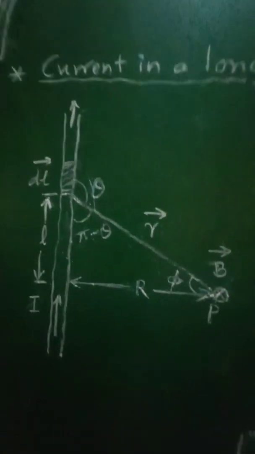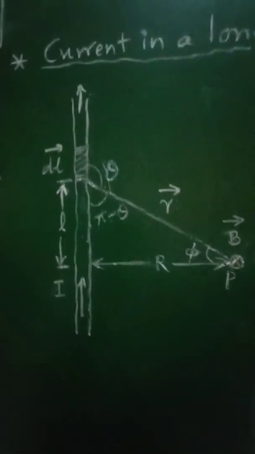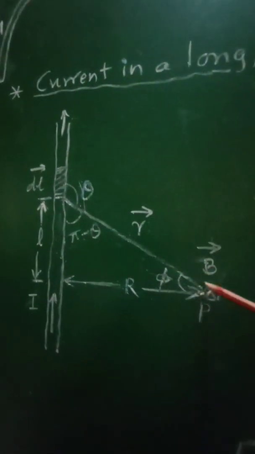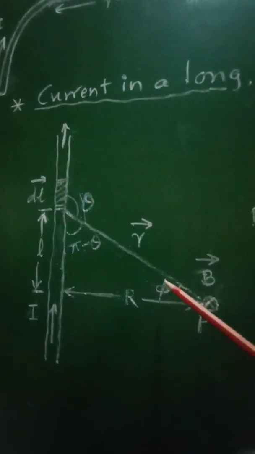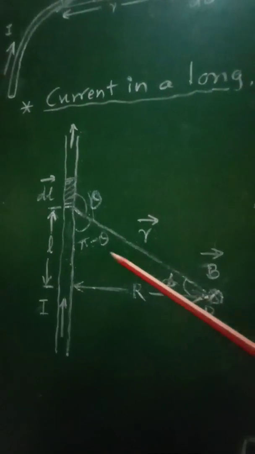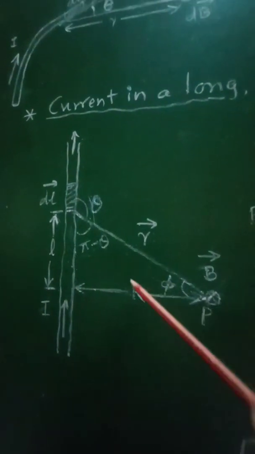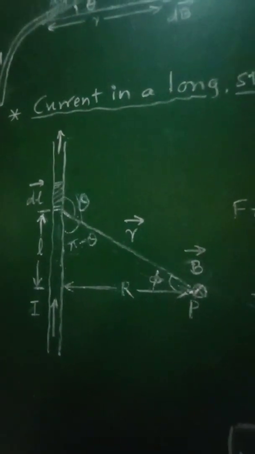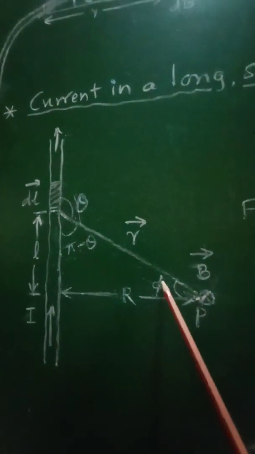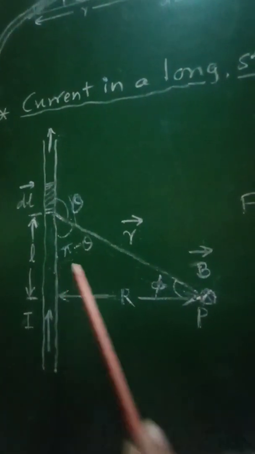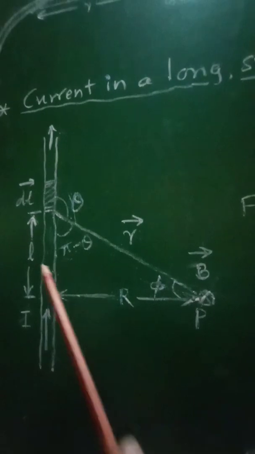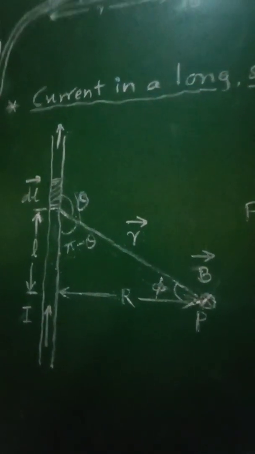From this we can write, as it is a right angle triangle, this angle is phi, this length is L, this length is R, and therefore tan phi will be equal to L by R, and therefore L will be equal to R tan phi.